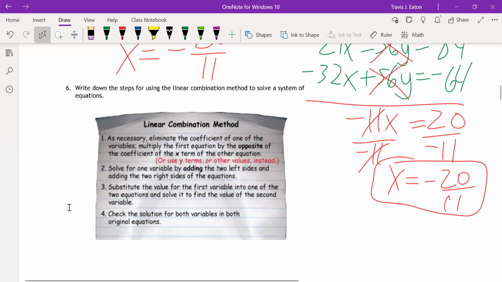And then once you've solved for that one variable, you substitute that back into the other equation and solve it for the second variable. And then, of course, like always, with any good math skill, you want to check your solution for both equations before moving on, because there's no point in moving on if you don't have the right solution.